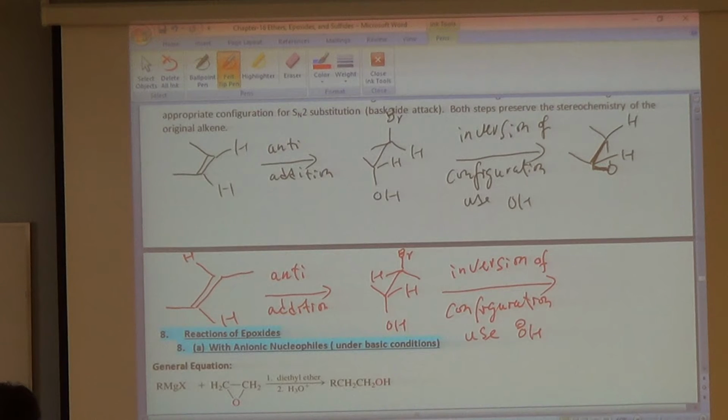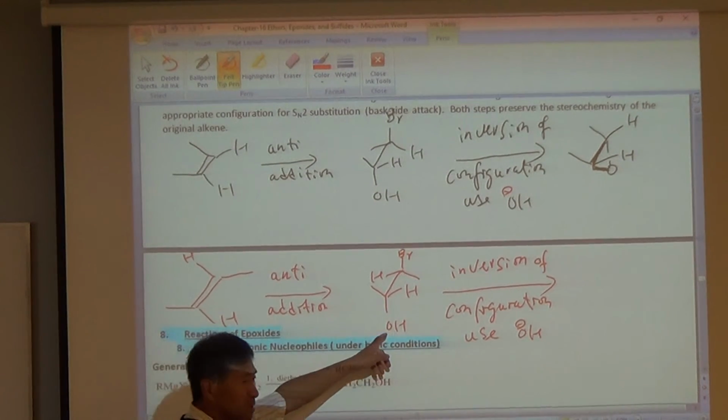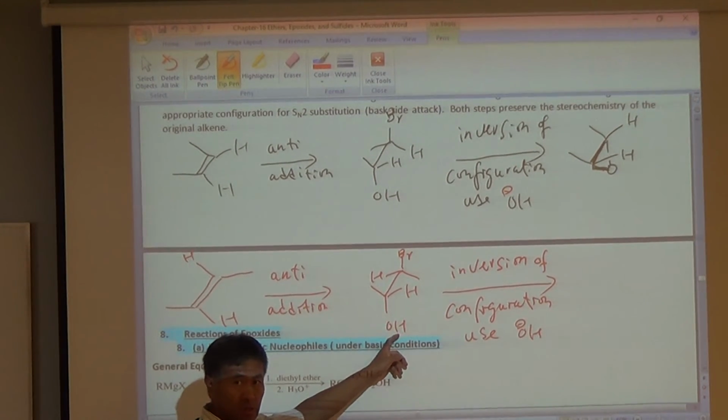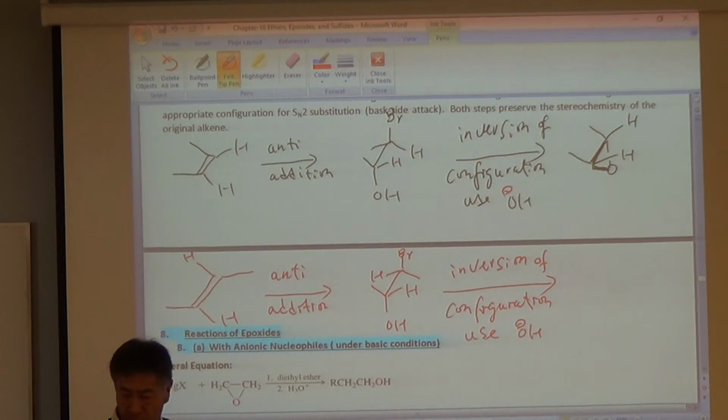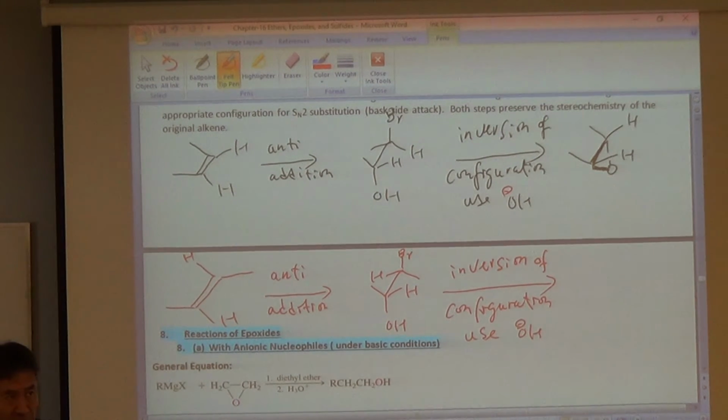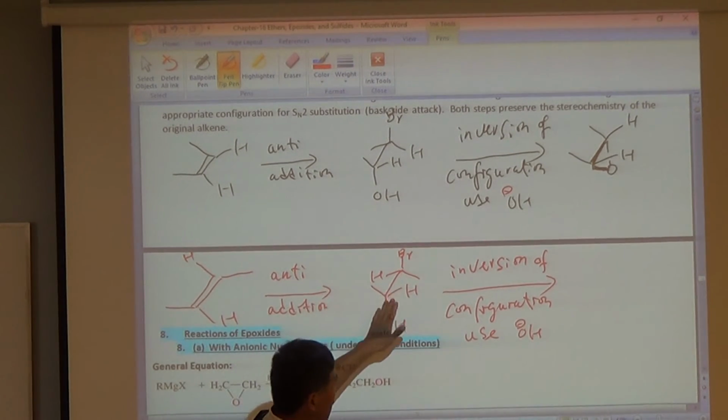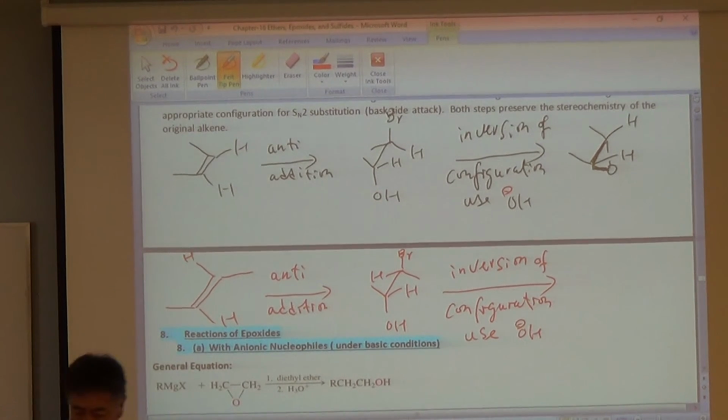With some base. The base will take the H away from this hydroxyl and change the hydroxyl into an alkoxide ion, a very good nucleophile. Then it will attack the carbon from underneath this structure.